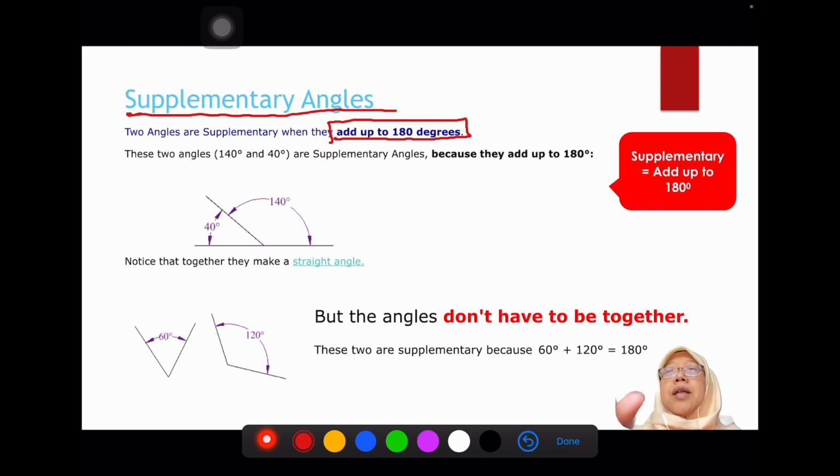Angles means there are two angles, so they will add up to 180 degrees.